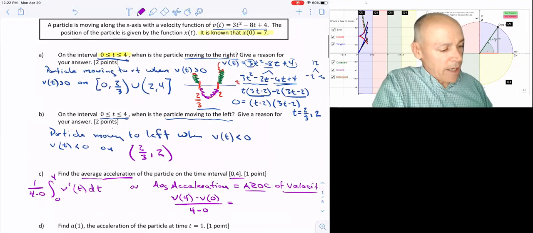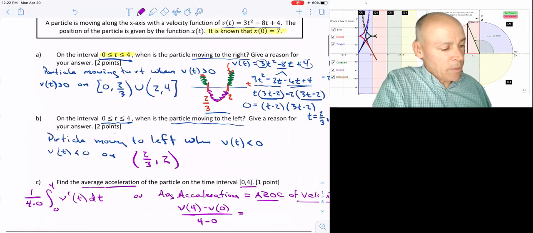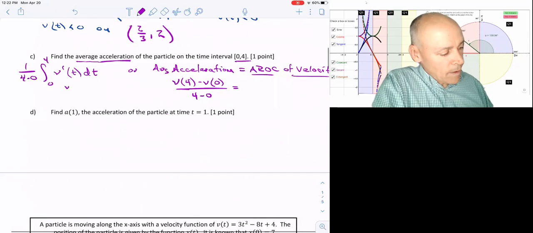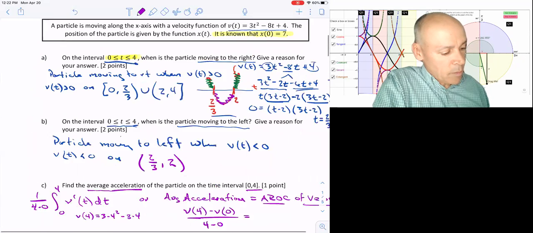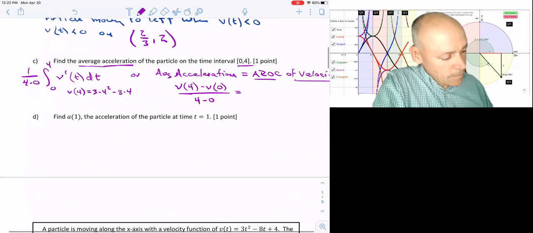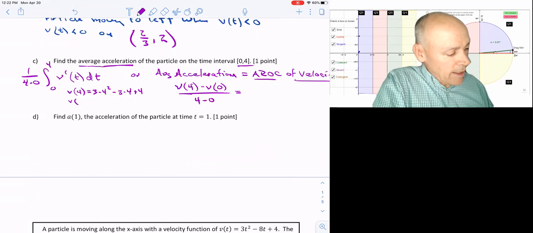So I go back to my velocity function, 3t squared minus 8t plus 4. So v at 4 is going to be 3 times 4 squared minus 8 times 4 plus 4. And then v at 0, actually that's going to be a little bit easier.